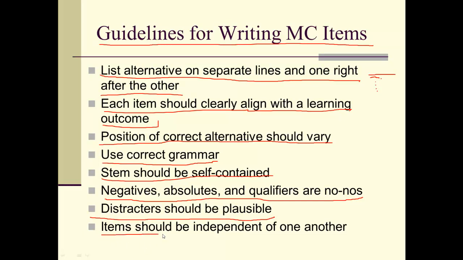And all of your test items ought to be independent of one another. That means that you're testing one thing at a time, or it's not like you have a series of questions that might be dependent.